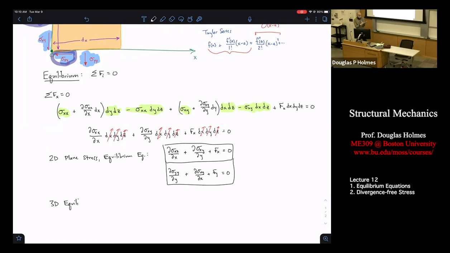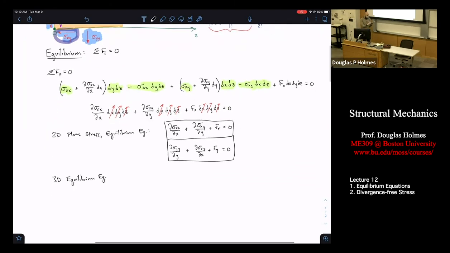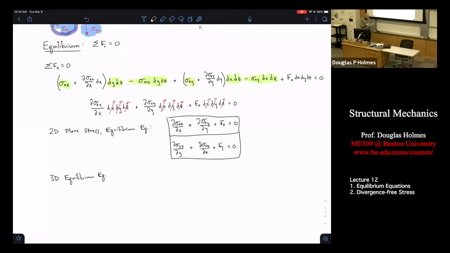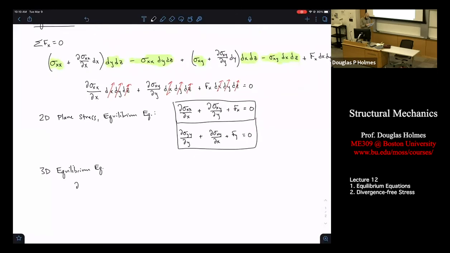But in 3D, our equilibrium equations follow the same pattern. And what they look like is this. They look like the partial derivative of your stress in the x direction with respect to x, plus partial shear xy, plus partial shear in the xz.